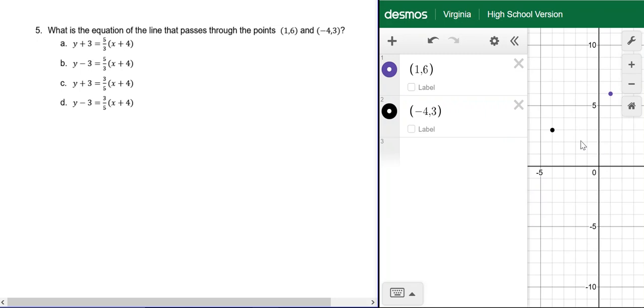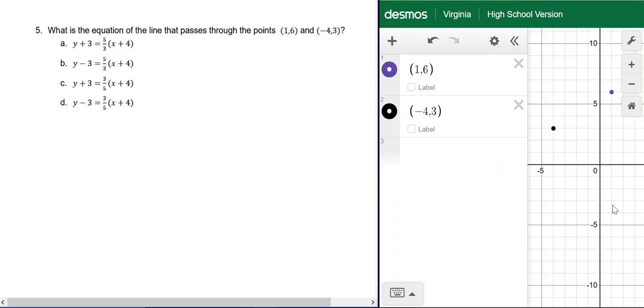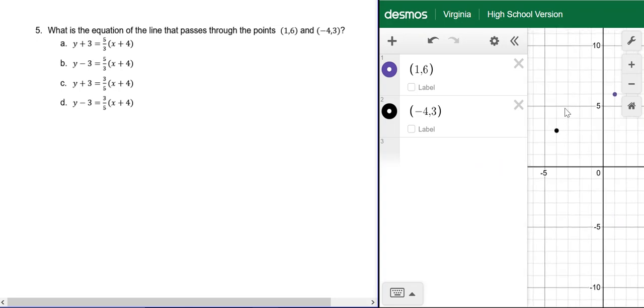I like to have my Desmos screen kind of zoomed into where I see the 5s, because then I'm able to count the boxes to get an accurate count for the slope, or for the y-intercept for that matter. Okay, so we want to see which one of these equations goes through this line.